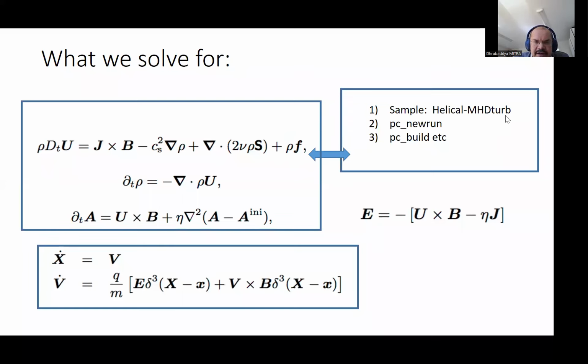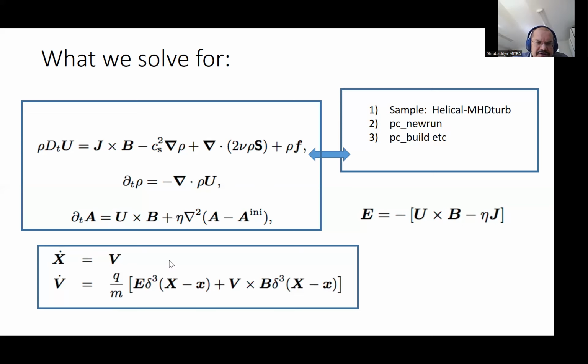If you want a flow that is compressible, then you need to take some other sample. If the magnetic field is done in some other way, then you need to take some other sample. If you want to include convection, then you need to take some other sample. But that's just part of the PDEs, and you choose your sample, you do pc_newrun, you do pc_build, and you are fine.